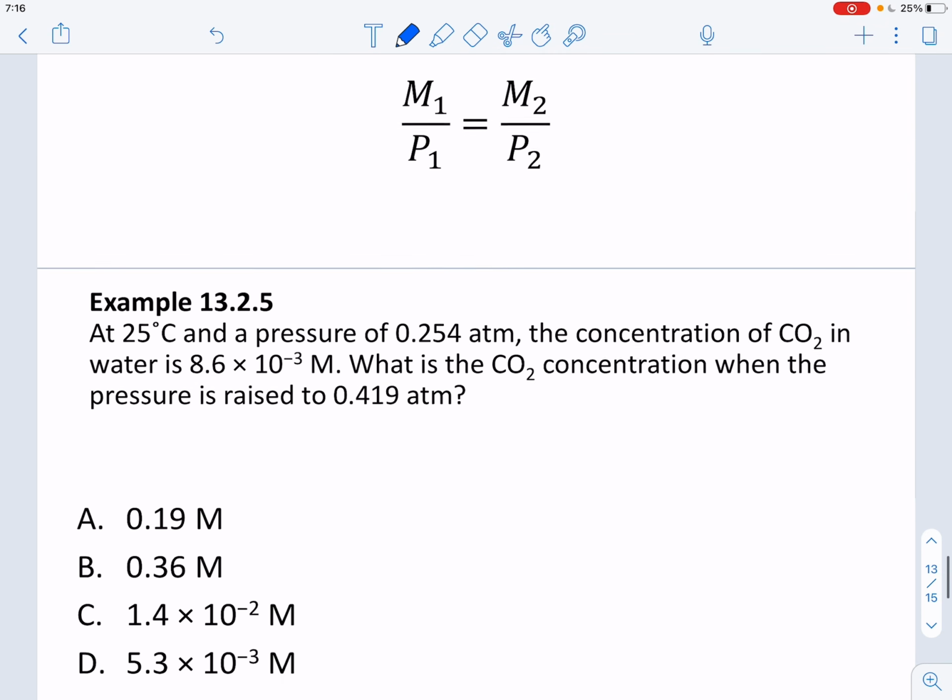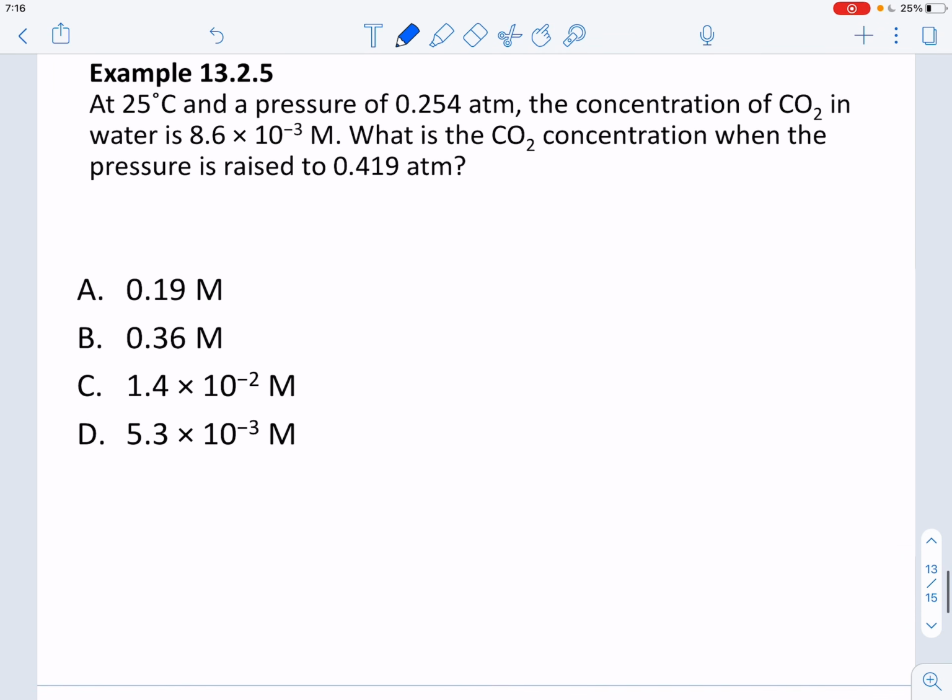So how do we use this one? Again, at 25 degrees. It doesn't really matter the temperature now, because you're going to cancel the constants anyway. You have a pressure of 2.54 atmospheres, and the concentration of CO2 at that pressure is 8.6 × 10^-3. So I'm going to call that P1 is equal to 2.54, and M1 is equal to 8.6 × 10^-3.